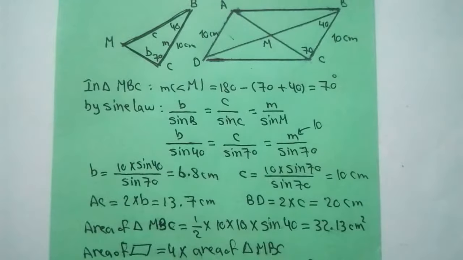So area of parallelogram equals 4 times 32.13, equal 128.56 square centimeters. Thank you.